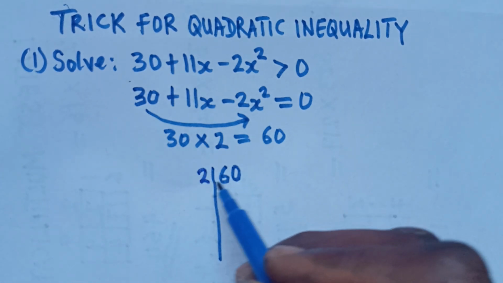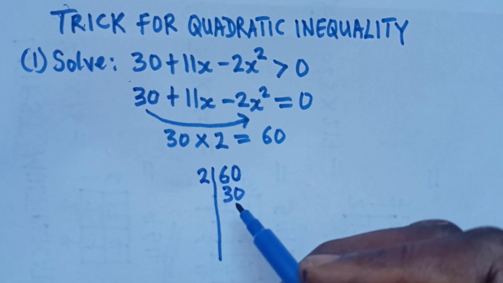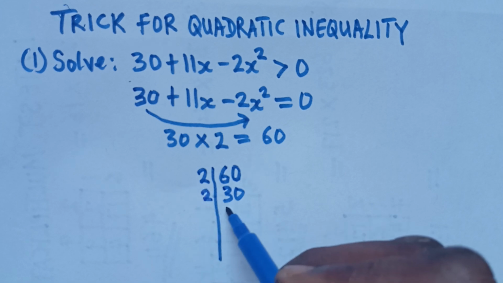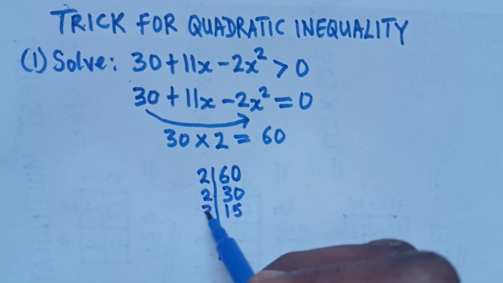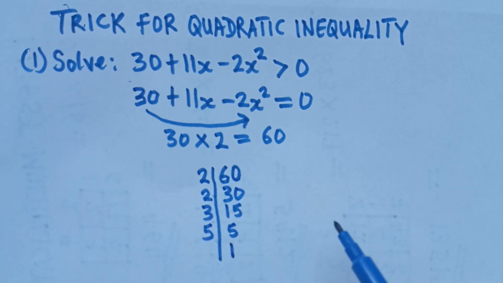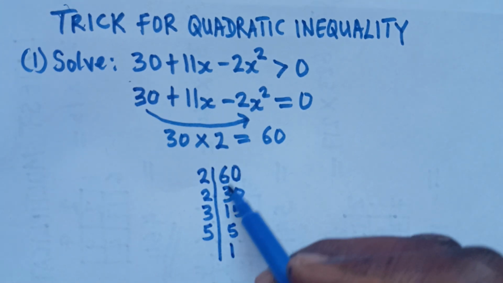So 60 divided by 2 will give me 30. And then 30 divided by 2, I'm going to have 15 here. 15 divided by 3 is going to give me 5. And 5 divided by 5 will give me 1. So I'm going to look for the factors using these values here.